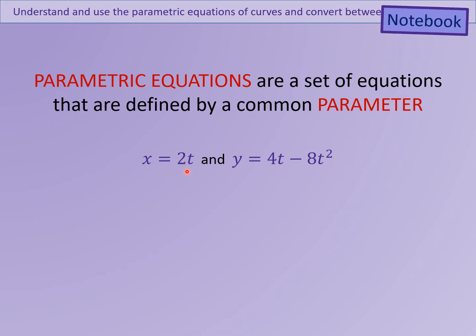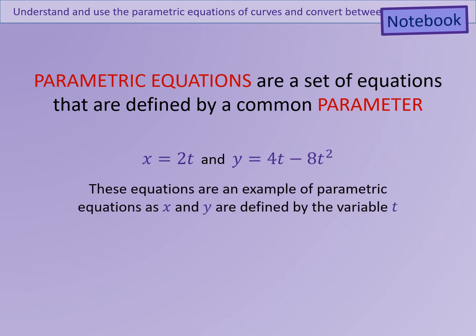It can be any sort of extra variable you like, as long as it appears for both the x value and the y value, linked by this new parameter, it's what's called a parametric equation. So in that case, it's defined by the letter t, where t is the parameter. Okay, so pause there, get down what you need.